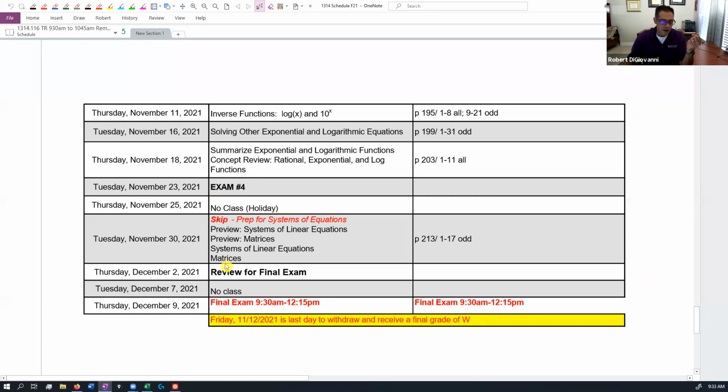So what I would rather do is basically just give you the final. And then I'll make your exam 4 grade whatever your highest exam grade was. Does that make sense? So if your highest grade is a 90, exam 4 becomes a 90. If your highest exam grade is your final exam, then it'll replace exam 4 with whatever you get. I think that will benefit everyone in the class. Any questions on that?